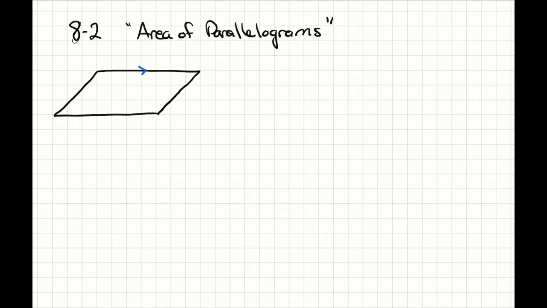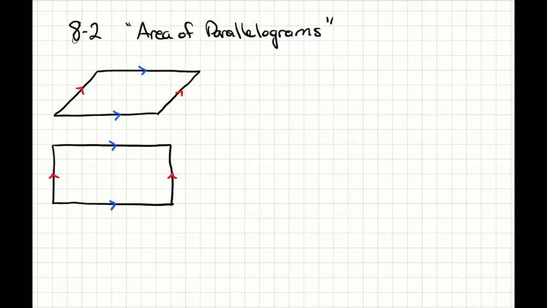So parallelograms have two sets of parallel sides. A rectangle is a special type of parallelogram, as a matter of fact. Like if I were to look at a rectangle here, a rectangle also has two sets of parallel sides.